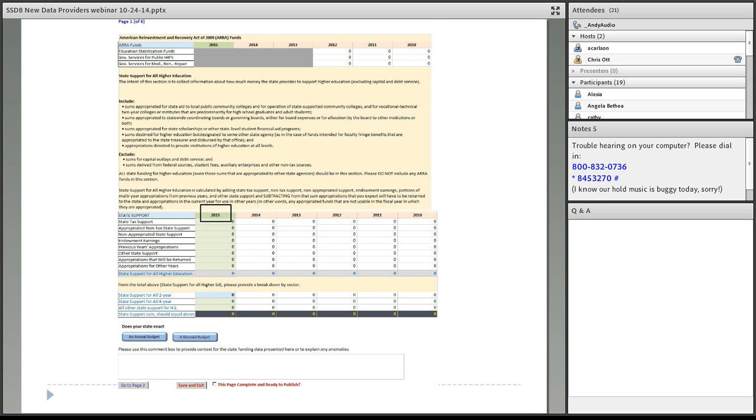And anything that you report in those other pages, that state support needs to be included in the totals that you report here, because here we're starting out with state support for all higher education, and then as we go through the survey, we'll figure out how much state support goes to public higher education, how much goes for educational appropriations at public institutions. So this is our starting point, so this is the totals. And then the rest of the survey, when we're dealing with state support, those dollar amounts will be backed out of these numbers to arrive at different metrics.